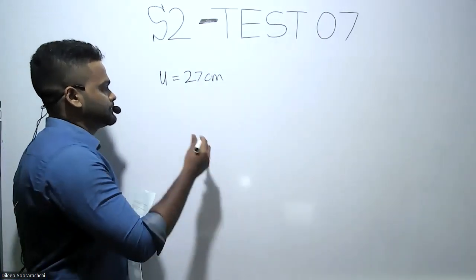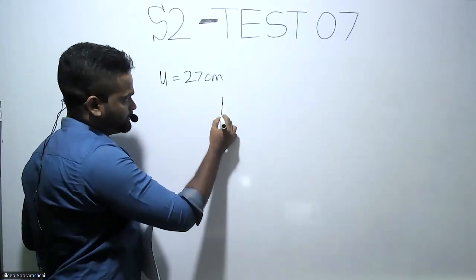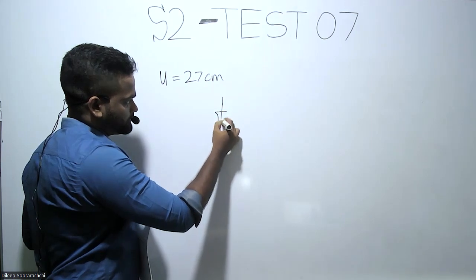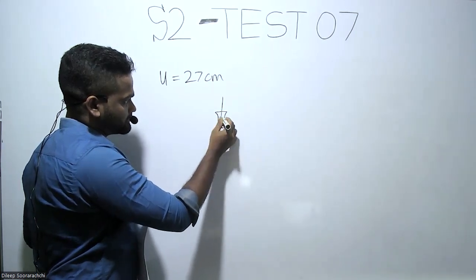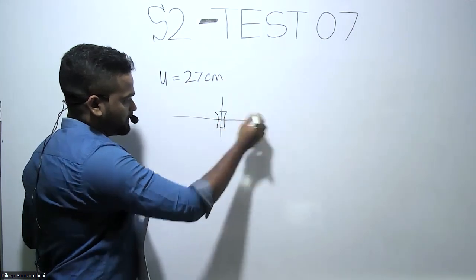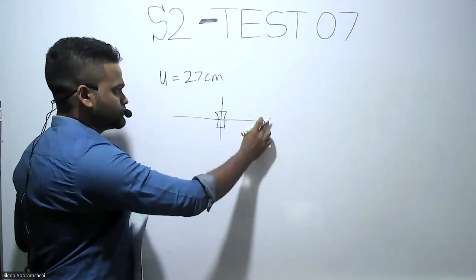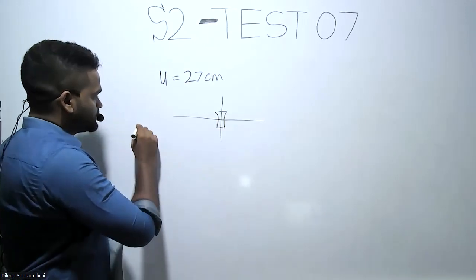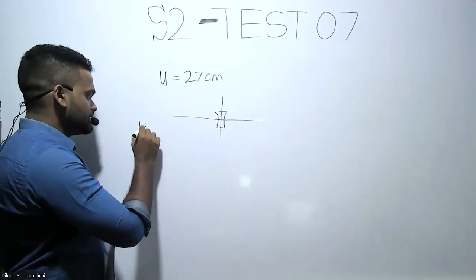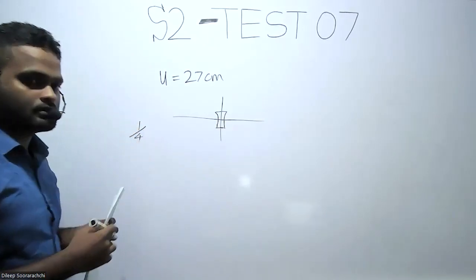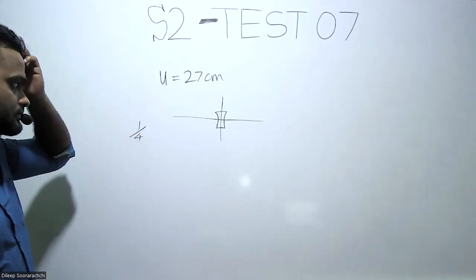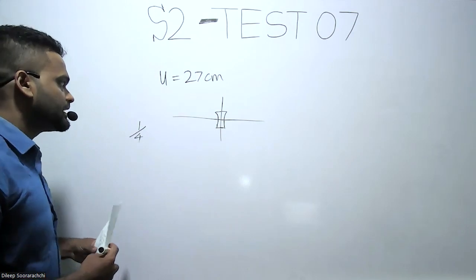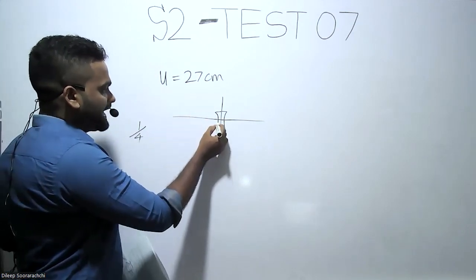If you are very familiar with these lenses and have practiced many questions, you should know that if a virtual image has linear magnification 1/4, the size of the image has decreased. So this can only happen for a concave lens.